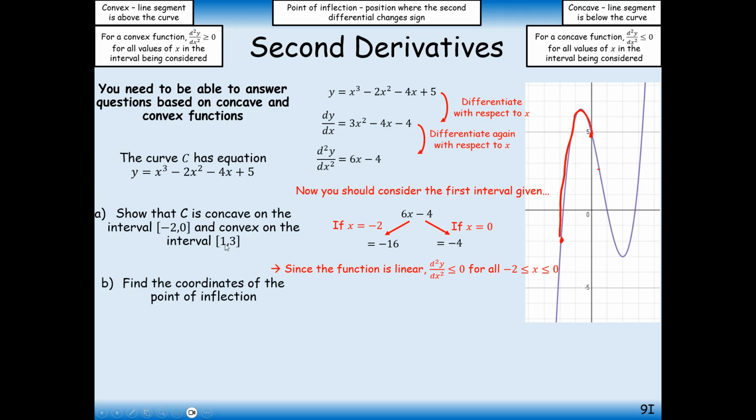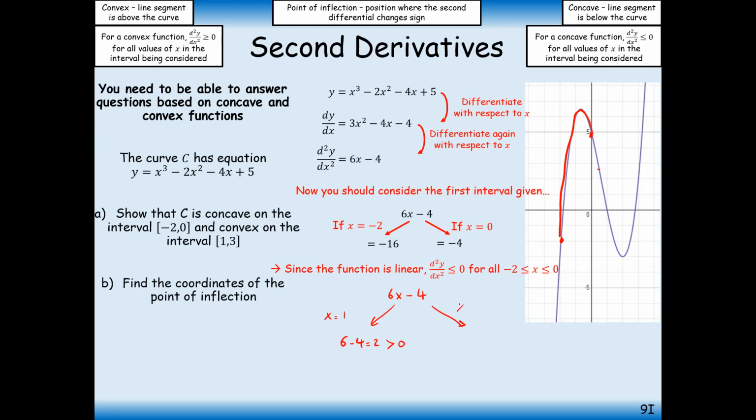Next, we are going to use the same second derivative that we found here, and substitute 1 and 3 into that expression. We don't have to rewrite the first and second derivatives again. We can just use this expression, 6x minus 4, and substitute x equals 1. We'll end up with 6 minus 4, which is 2, and that's certainly a positive number.